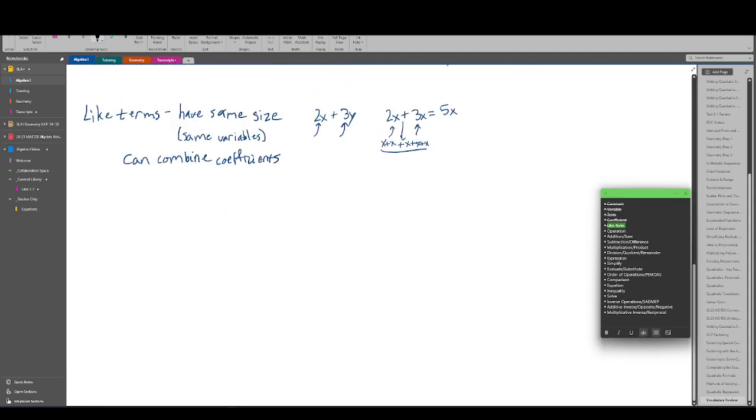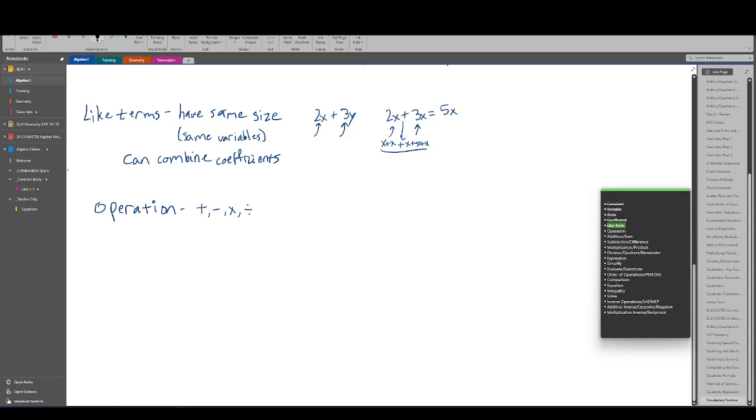Next thing is operations or operators. So an operation is a thing that we do to things in math, how we change things. So we just used one. Our basic operators are plus, minus, times, and divide.